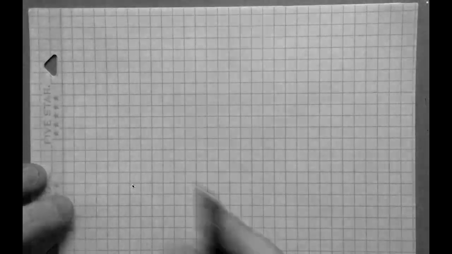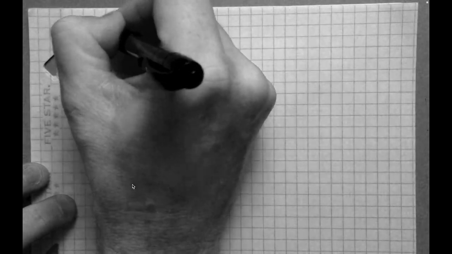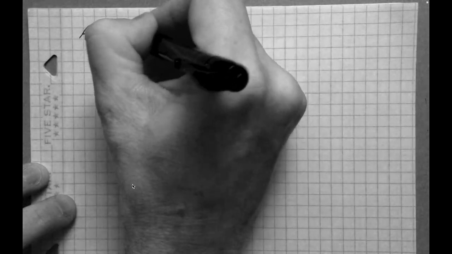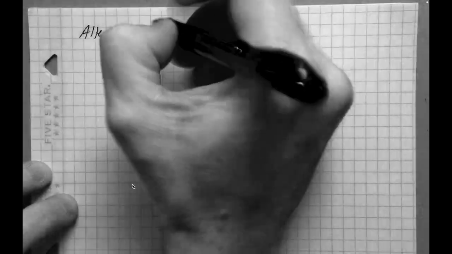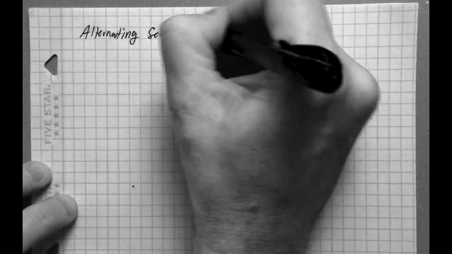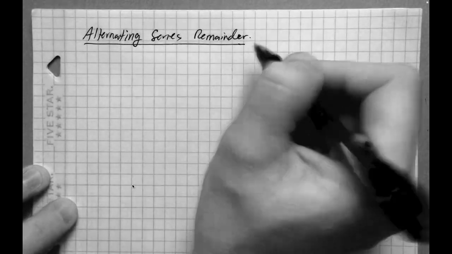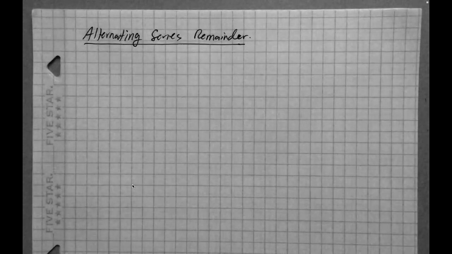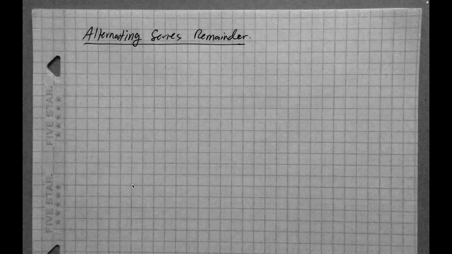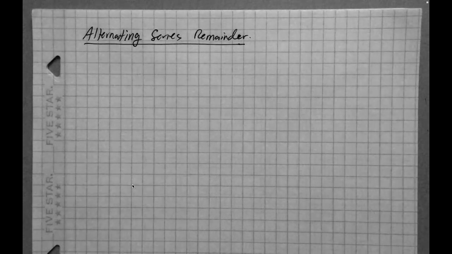Okay, and this is something that can be useful in practice, but also we'll use it later on when we get into Taylor series. So, alternating series remainders. Okay, so for a convergent alternating series, the partial sum S of n can be a useful approximation for the sum of the entire series, for the sum S.